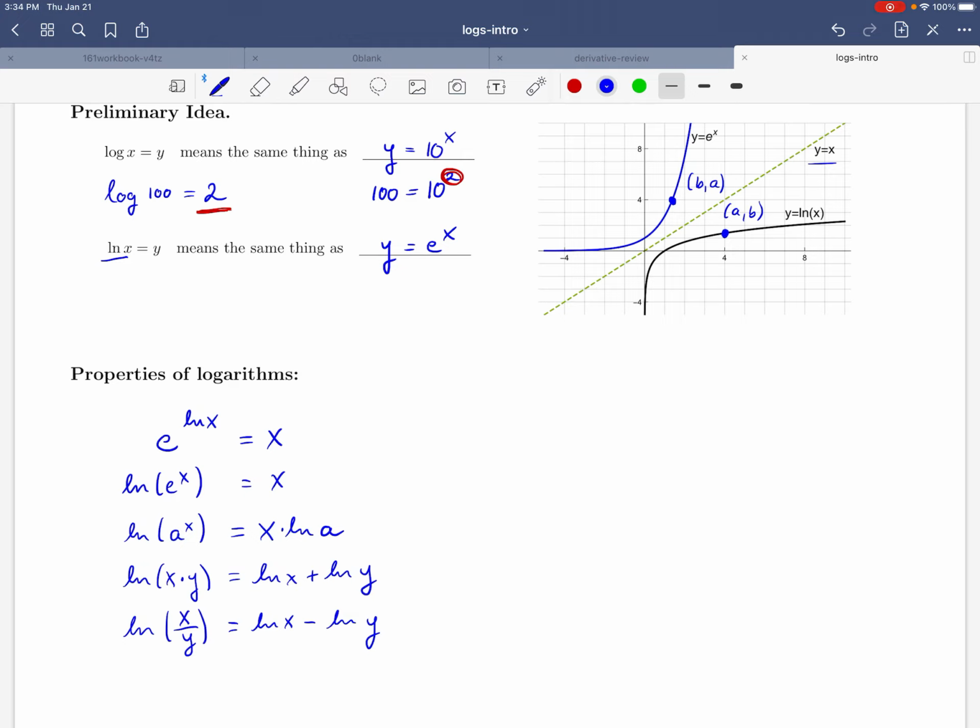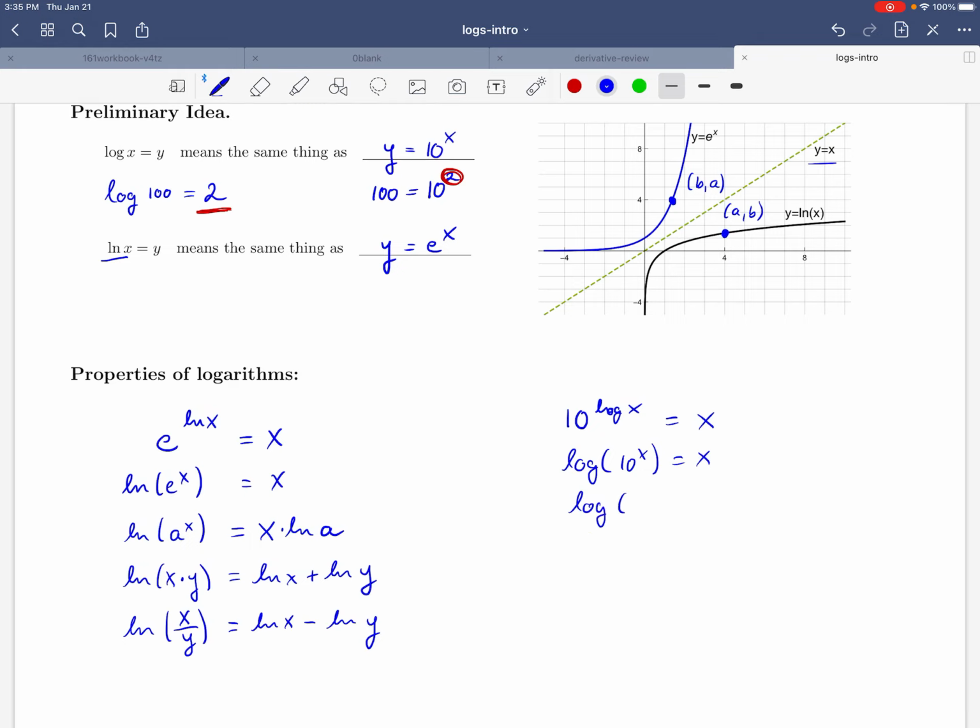Now, all of these properties I've written down are in terms of the exponential function e to the x and the natural logarithm ln x. We have, of course, similar properties for the log function, the one base 10. So 10 raised to the log of x is also equal to x, and the log of 10 to the x is equal to x.